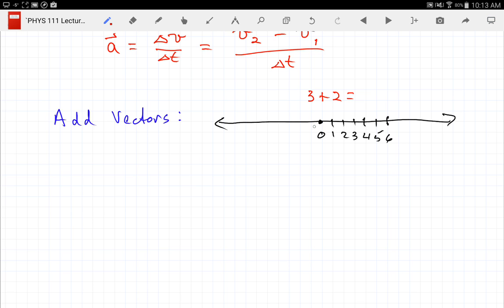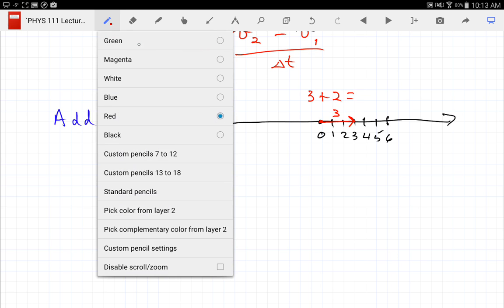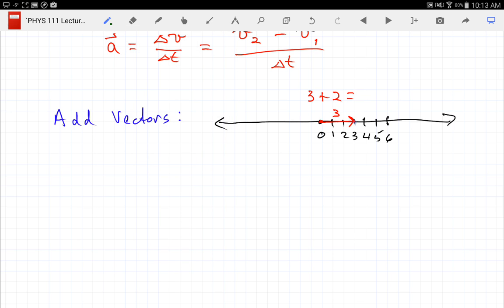You say 3 and then you say 1, 2. Okay, so I start at 0 and I go 3. So there's my 3. And then to do the 2, I do what? They have you point at it with your pen, so just 1, 2, stop. Start at the top. Start.